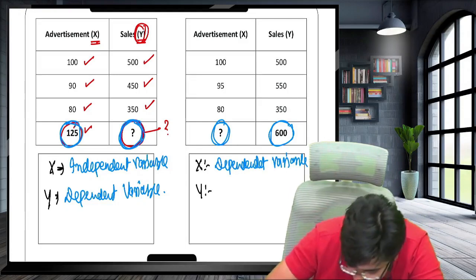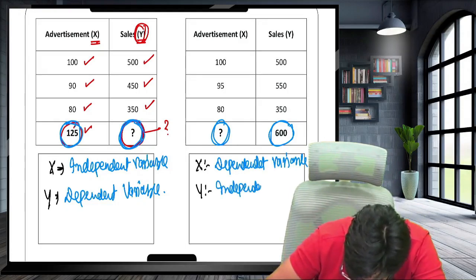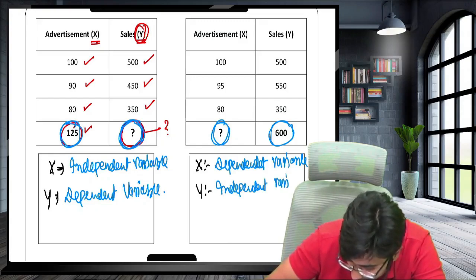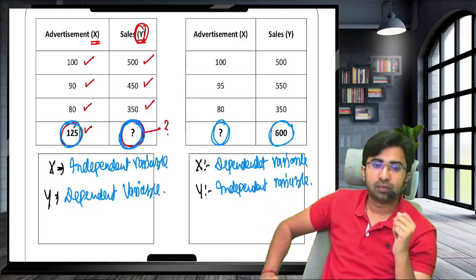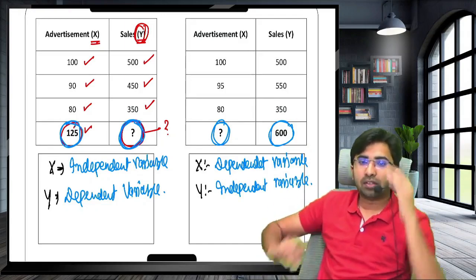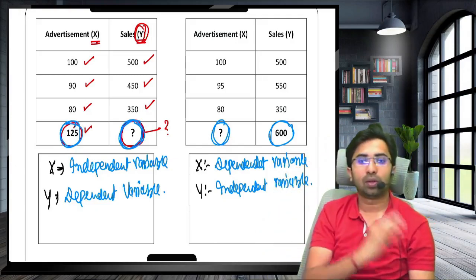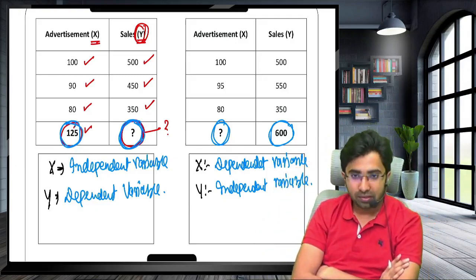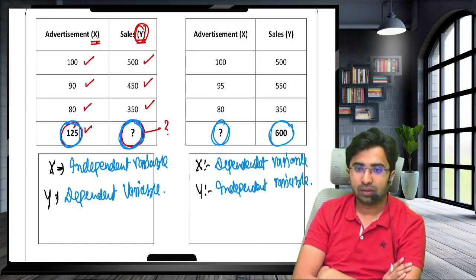That's why y is the independent variable. Guys, just tell me whether this point is clear or not. Yes or no? Yes, sir.